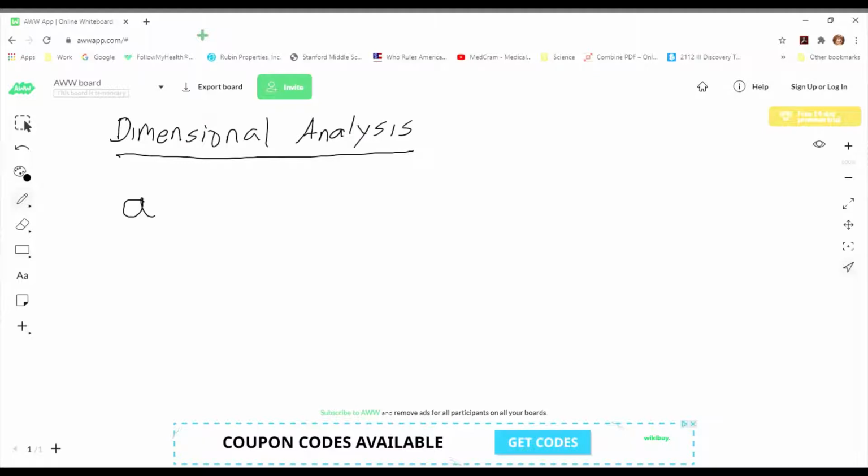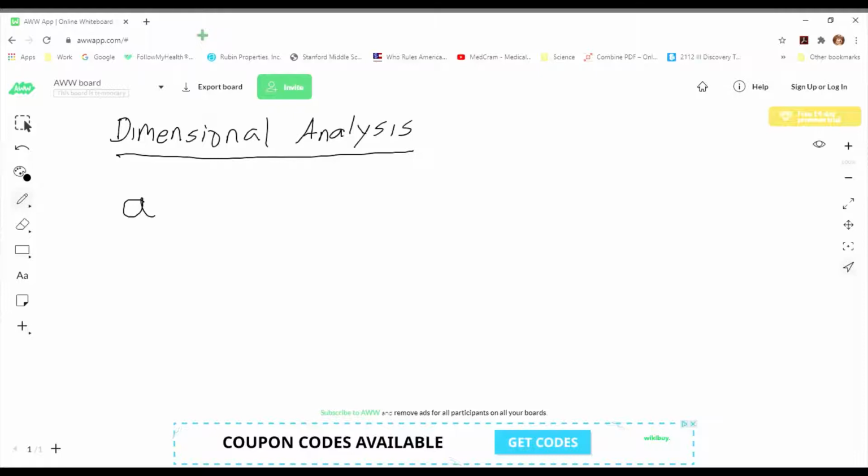It has a value. We want to convert it to another form, just like we can convert measurements into different forms. 2 feet and 24 inches are the same thing, right? They're the same measurement, but they're in different units. If you didn't know, 1 foot is equal to 12 inches.